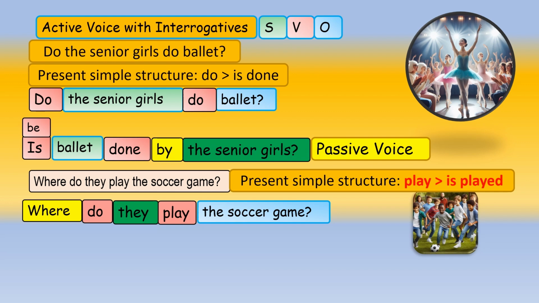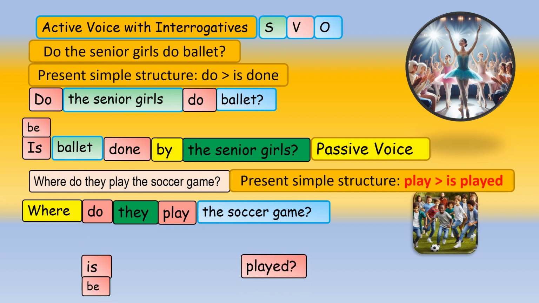Again, they is my subject. They play the soccer game. Where? In that sense of the word, we just make certain that we get the subject and verb and object laid out. So they will be my subject, play is my verb, and the soccer game is my object.